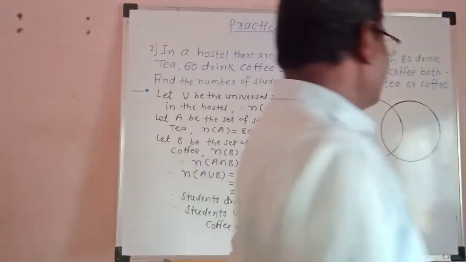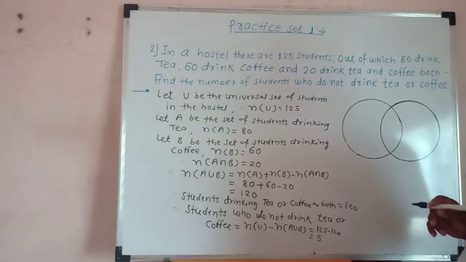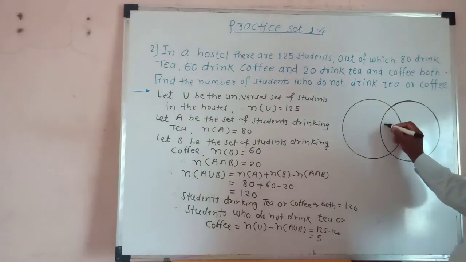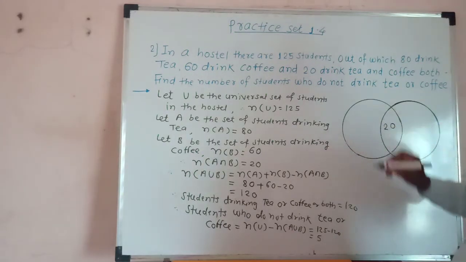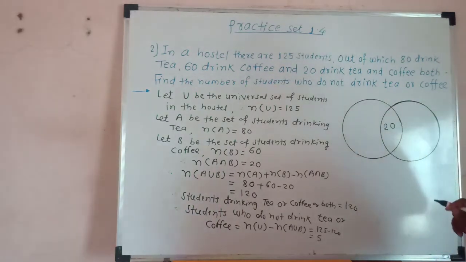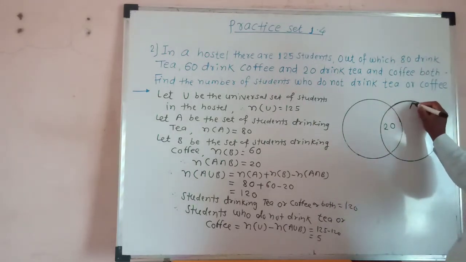Now this can be shown by Venn diagram. Here 20 students drink both tea and coffee. Therefore 20 will be written in the intersection.